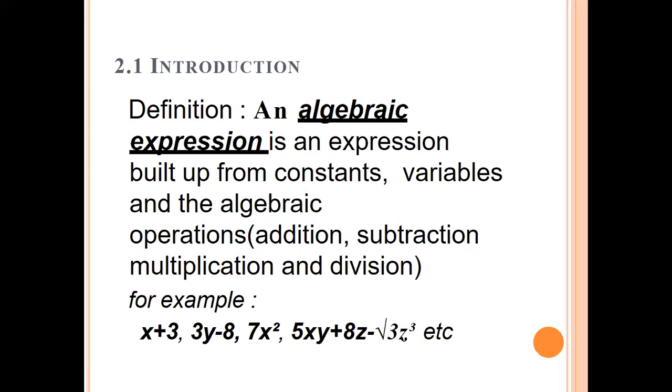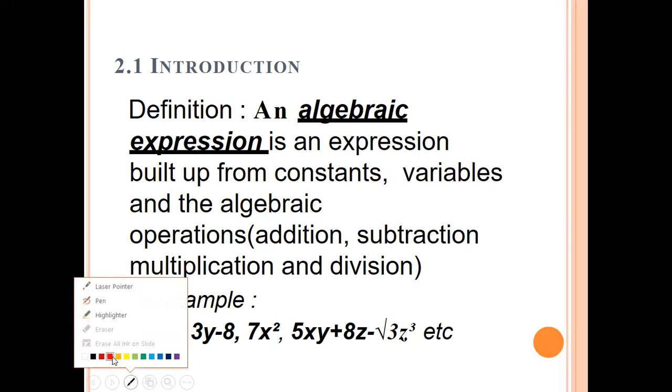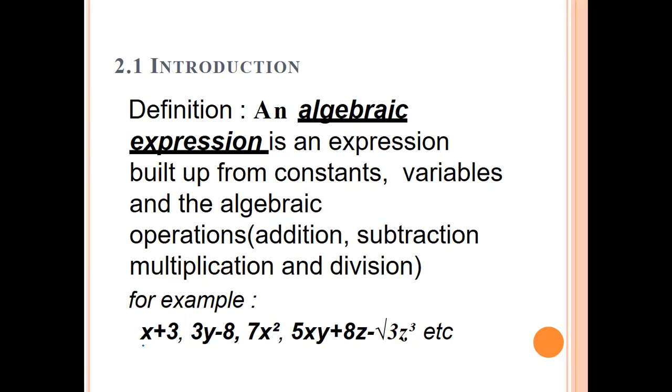For example, x plus 3 is a polynomial, then 3y minus 8 is a polynomial, 7x square is a polynomial.